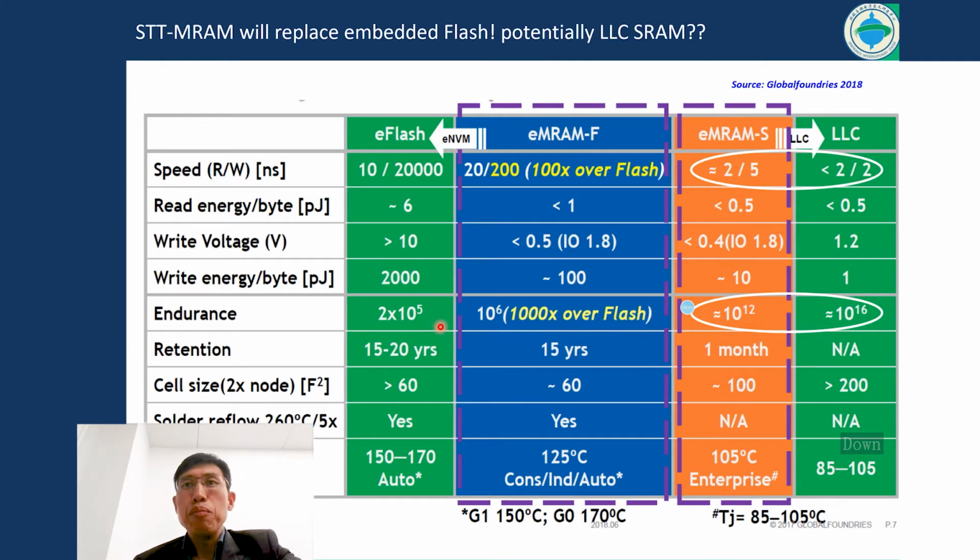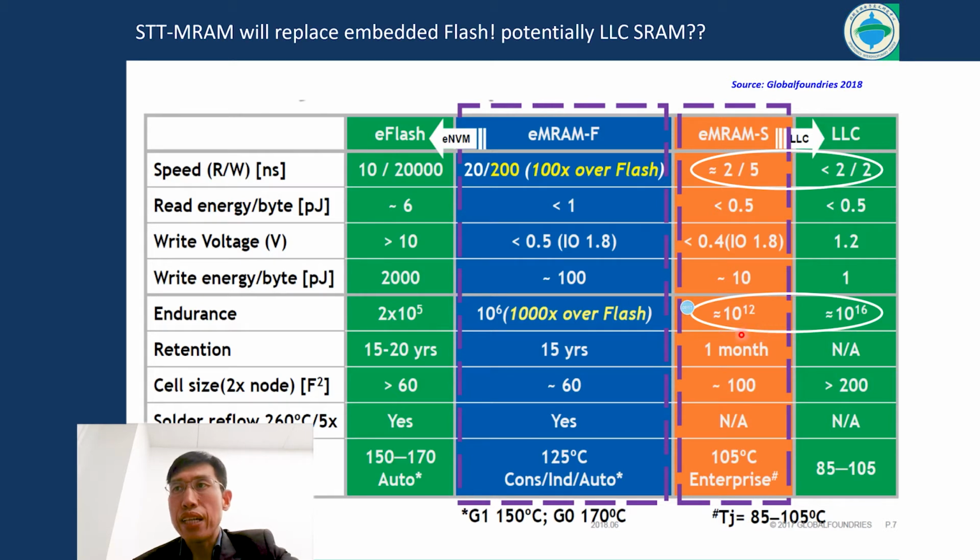However, there is a limitation related to STT-MRAM: its lifetime. In this table from GlobalFoundries, you can see endurance is the lifetime of the chip. Here, there are two types of MRAM. MRAM-F is meant to replace flash memory, and S is to replace SRAM.